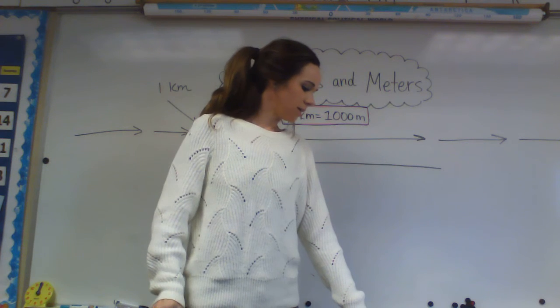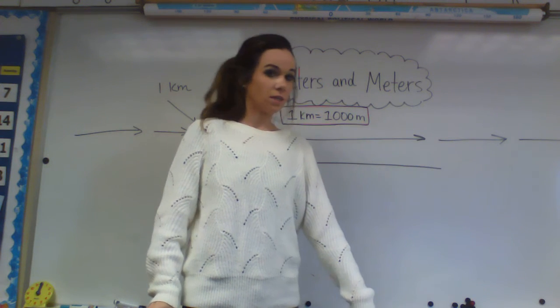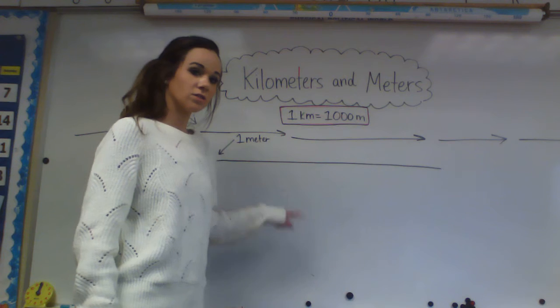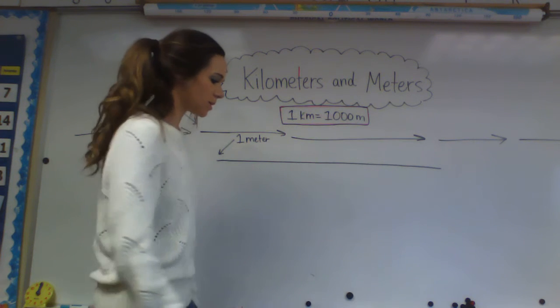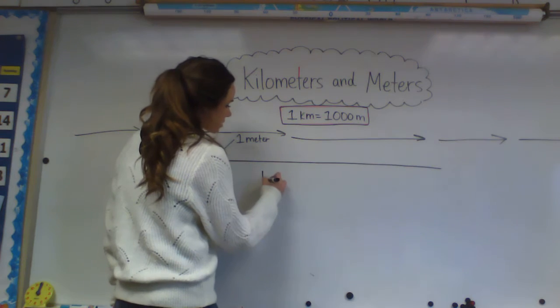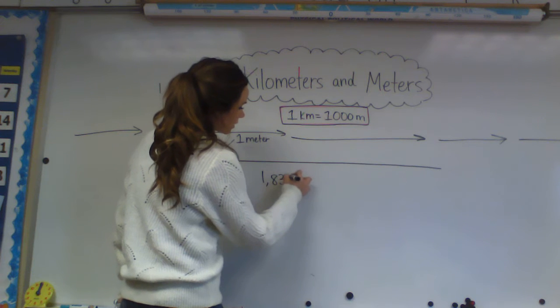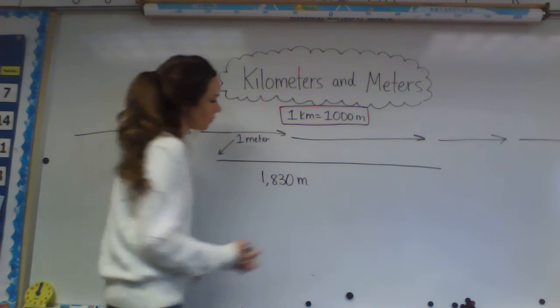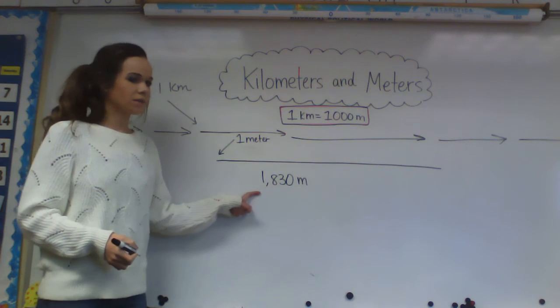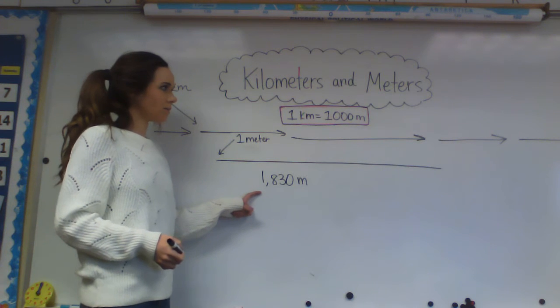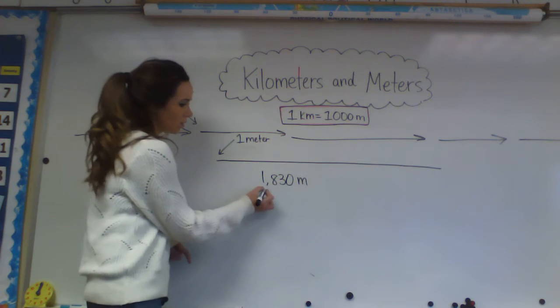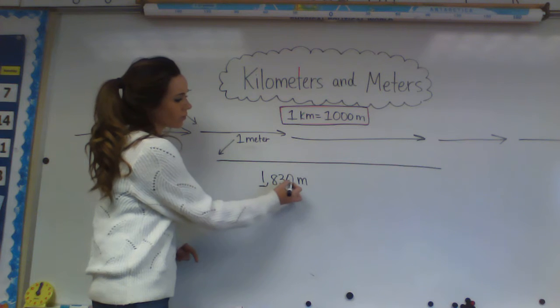So our next problem, we're going to write in kilometers from meters. So we're going to use our meters and we're going to translate that into kilometers. So if I have 1,830 meters, and I want to find out how many kilometers is that? Well, I'm going to do the same thing I just did. I have 1,830.